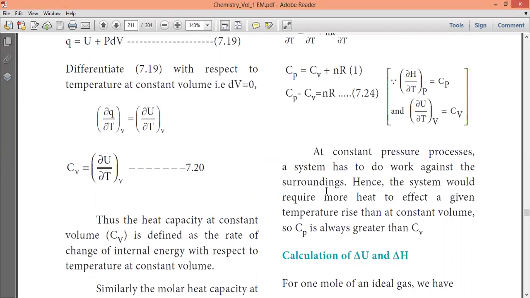Hence the system requires more heat to effect the given temperature change, compared to constant volume. So from this expression we can conclude that Cp is always greater than Cv.